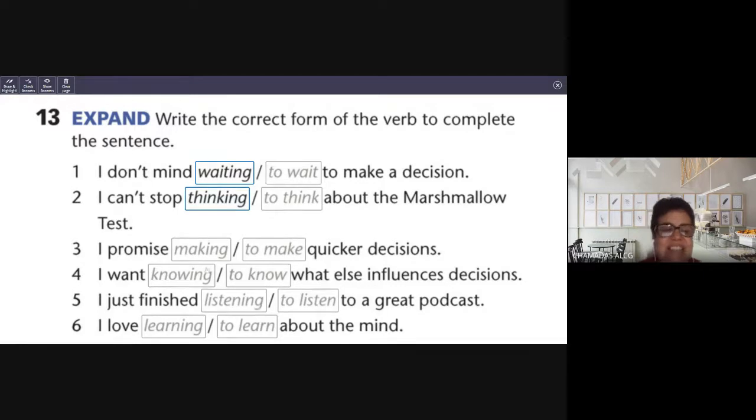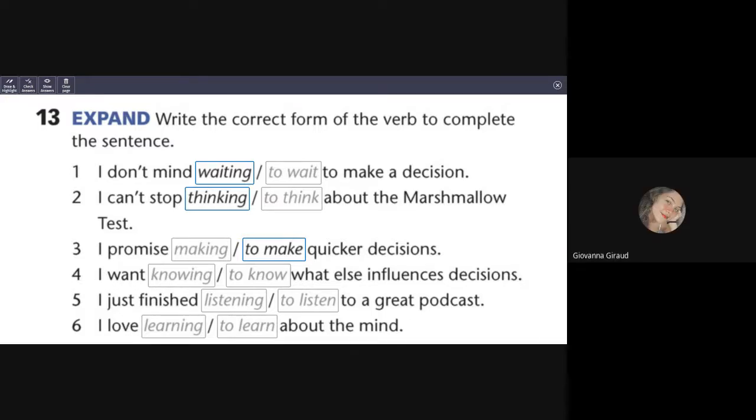Welcome. So number 3, I promise. To make? Yes, great. This verb takes a to infinitive, right? Always. Number 4, I want. To know. Okay.